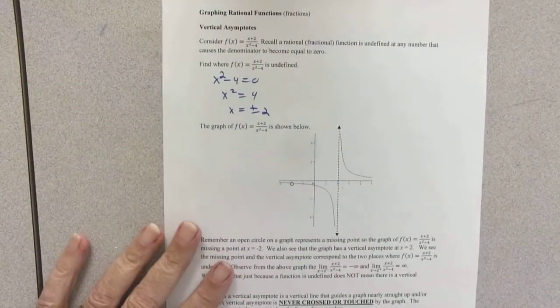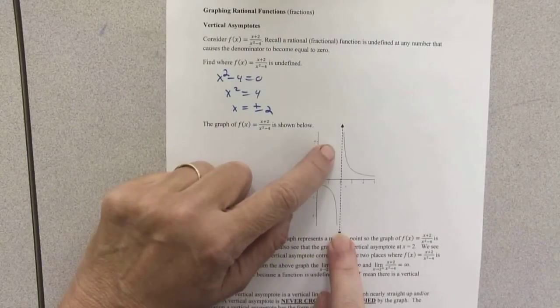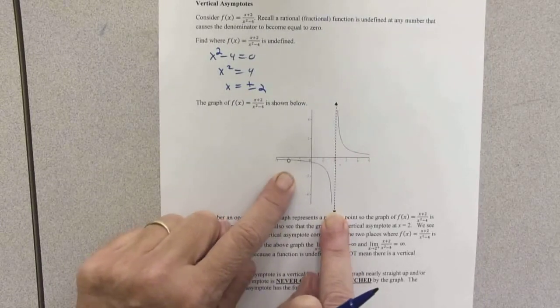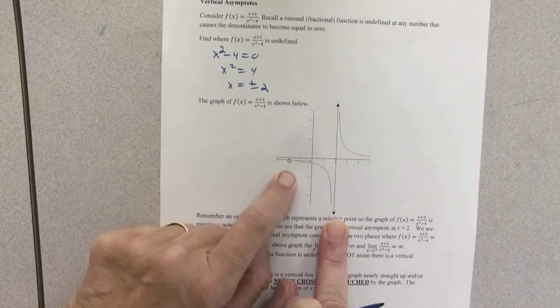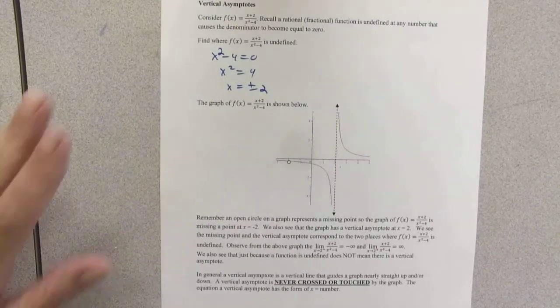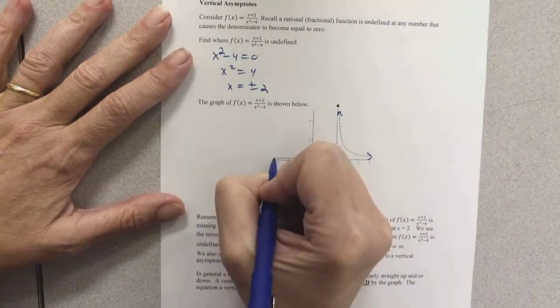And then I have the graph for you. We have an asymptote at x equals 2, and we have an open circle at x equals negative 2. Remember, an open circle is our graphical representation that there is a single missing point there. I got lazy with my arrows and did not put arrows there.